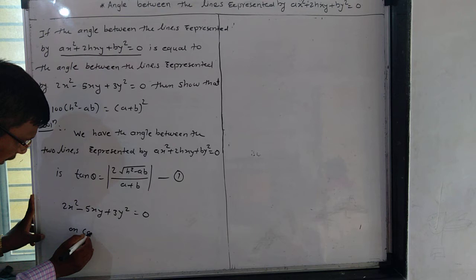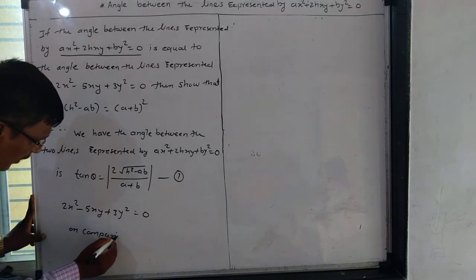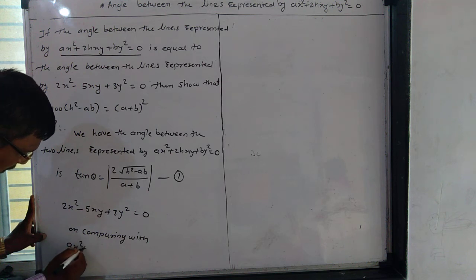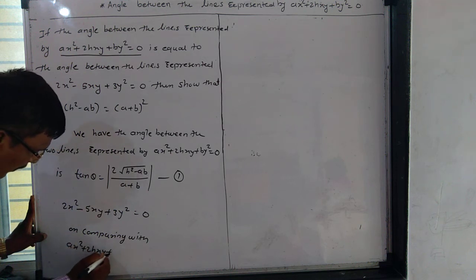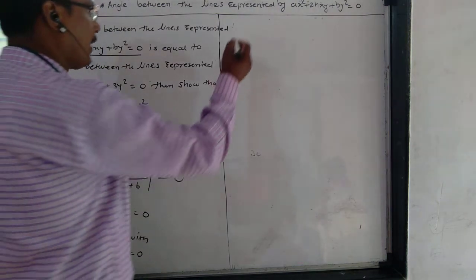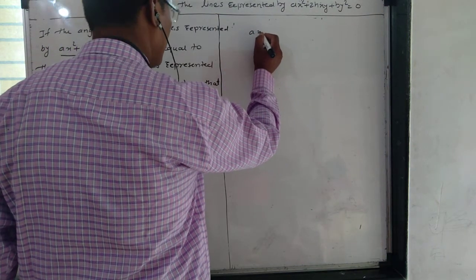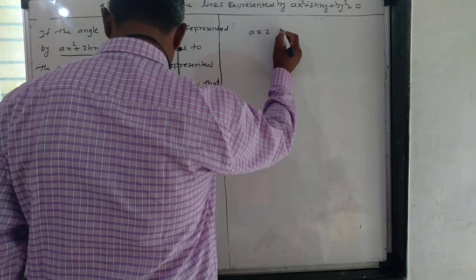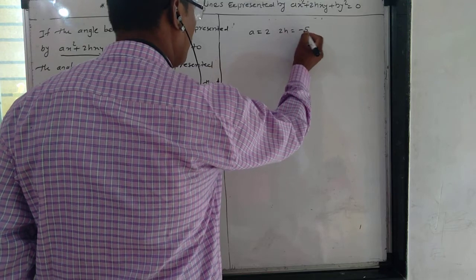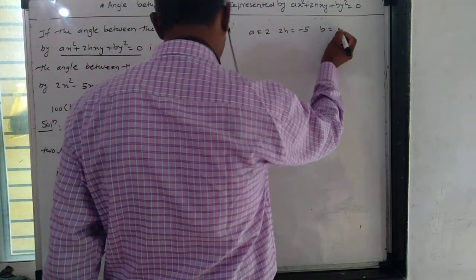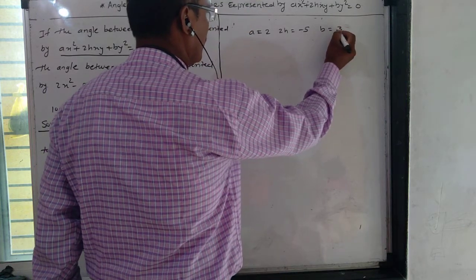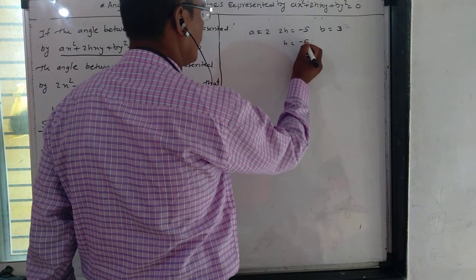On comparing with ax² + 2hxy + by² = 0, a = 2, 2h = −5 and b = 3. Therefore h = −5/2.